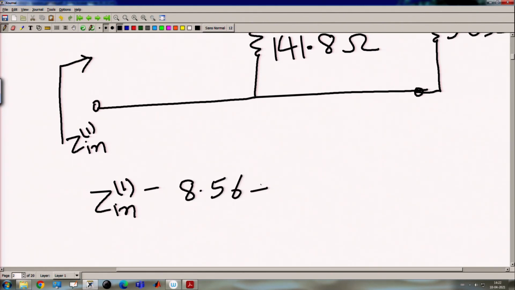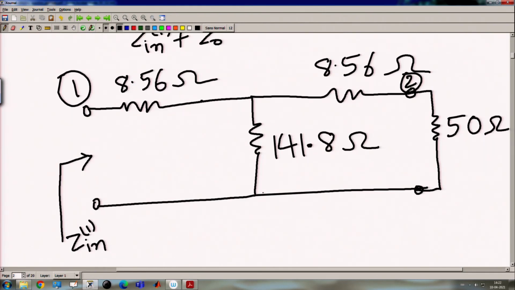So, Z in can be written as 8.56 plus, now this side is in parallel: 8.56 and this are in series with this 8.56 and 50, and these two are in parallel.